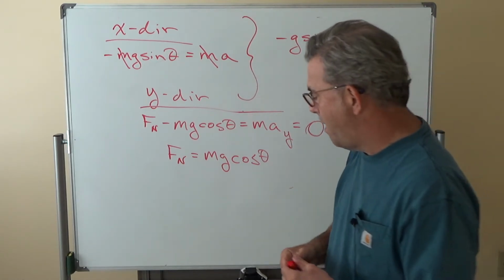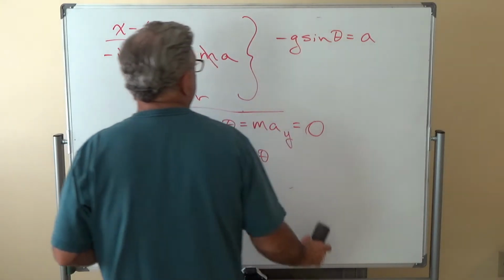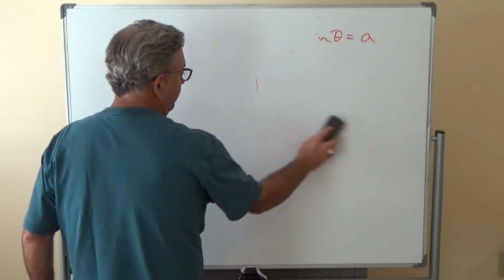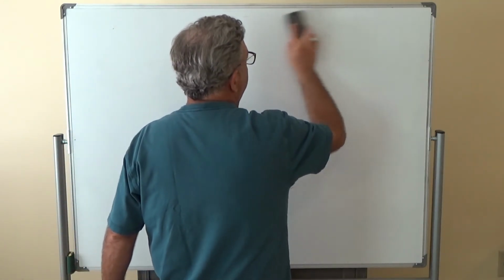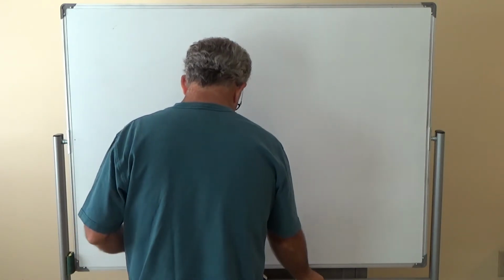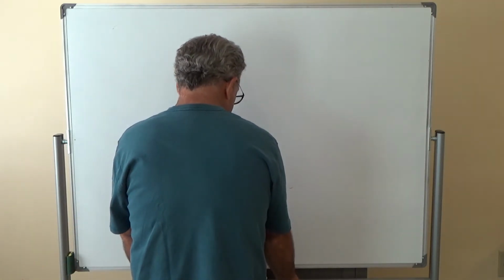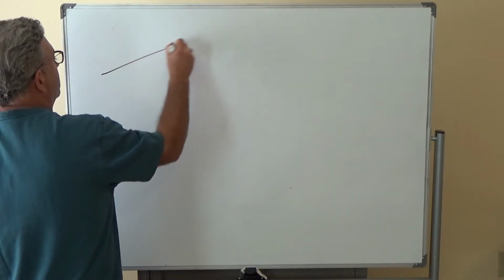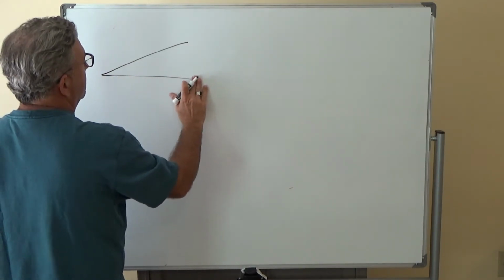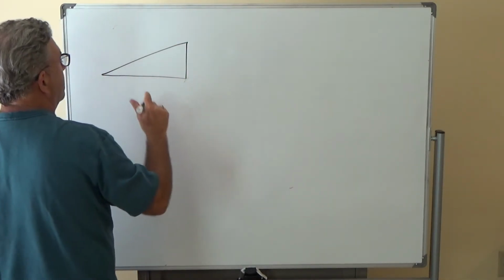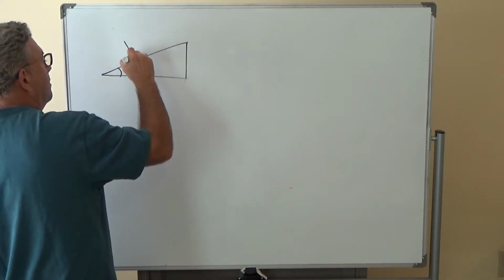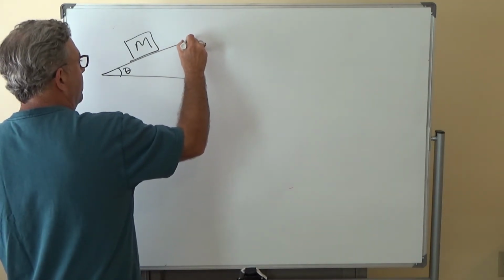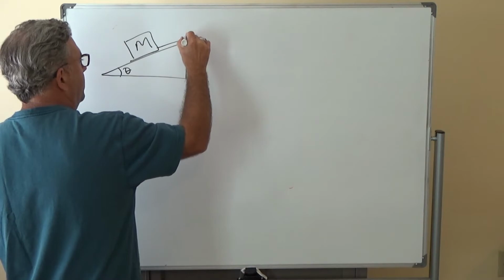All right, so let's look at a problem based on this. I'm going to set it up like I did the previous problem with the object on the table. Only this time I'm going to let the object be along an inclined plane. So here's big M, just like we had on the table. And here's our little massless, frictionless pulley.